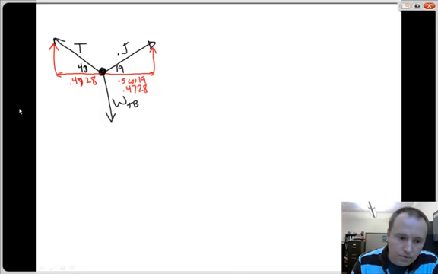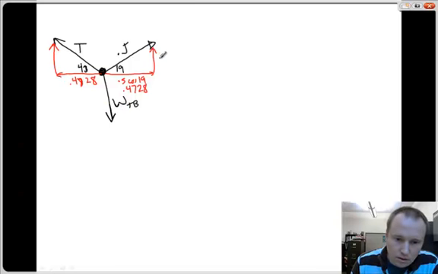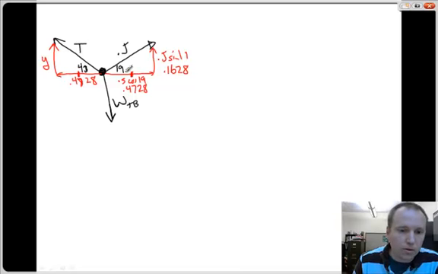Now, vertically, on the right side, 0.5 sine 19, and I get 0.1628. Now here's the thing. That is not going to equal the one over here. This horizontal one, those are equal because they're the only one sideways.